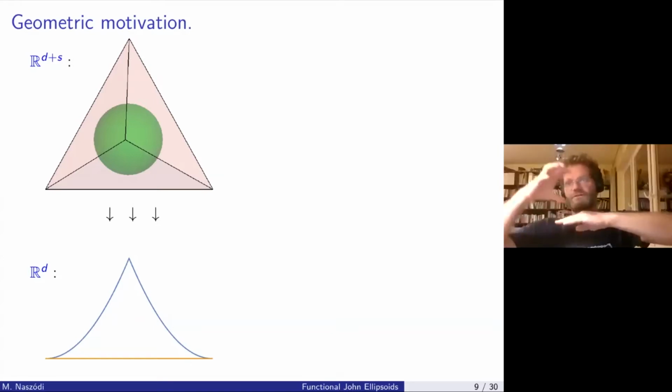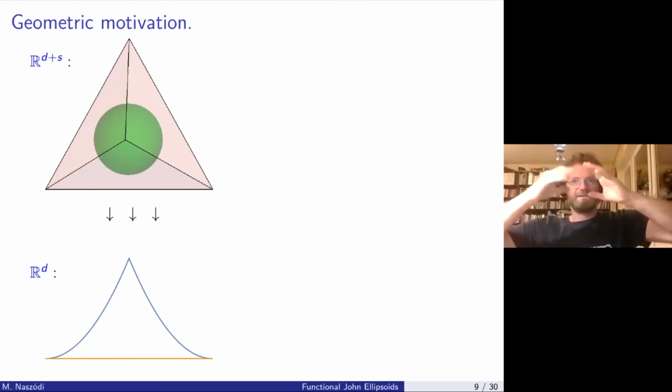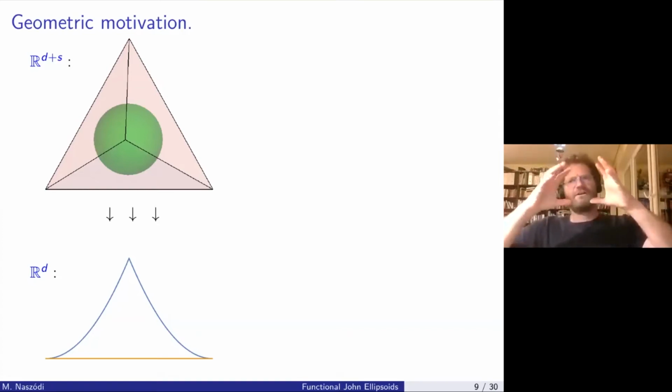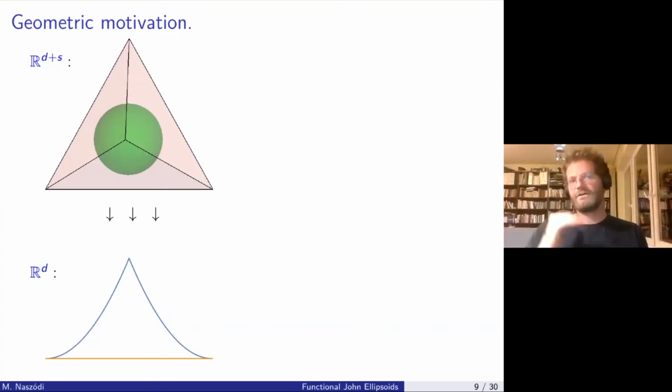If you take convex bodies in R^(d+S), take the uniform measure and take the marginal on Rd, and S goes from 1 to infinity, and for each S you take all the convex bodies and all these marginals, then you get a dense set in the set of log concave measures. So essentially, you can think of any log concave measure on Rd as a measure that comes from a (d+S)-dimensional convex body for a large enough S. So that's back and forth.